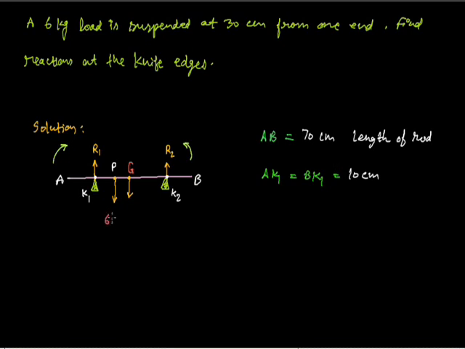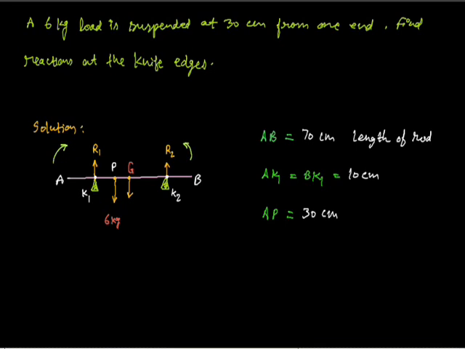A weight of 6 kg is placed at point P, which is 30 centimeter far from the end A. So here the distance AP is equal to 30 centimeter, where the weight 6 kilogram is suspended at the point P.